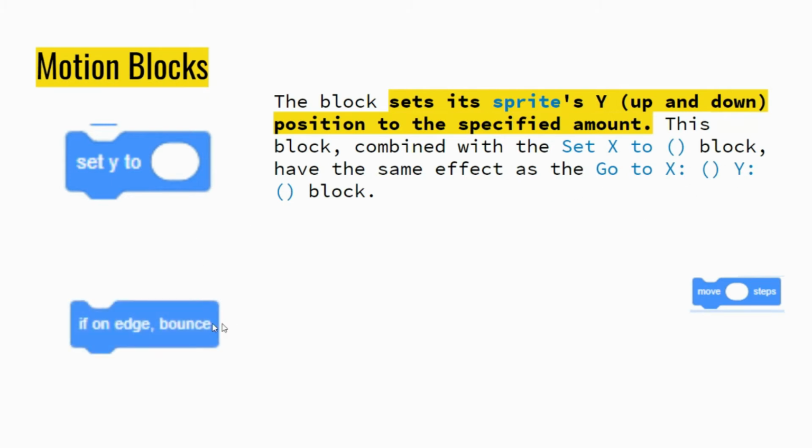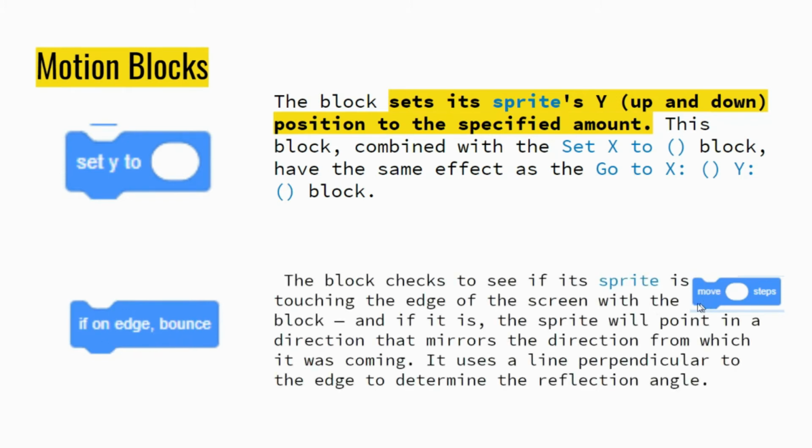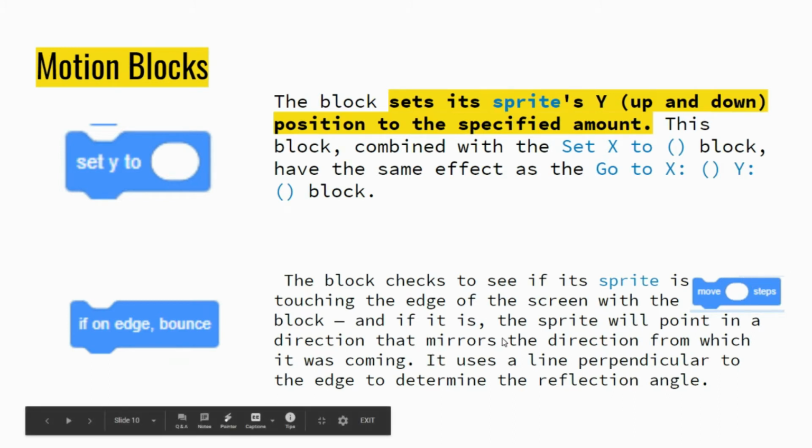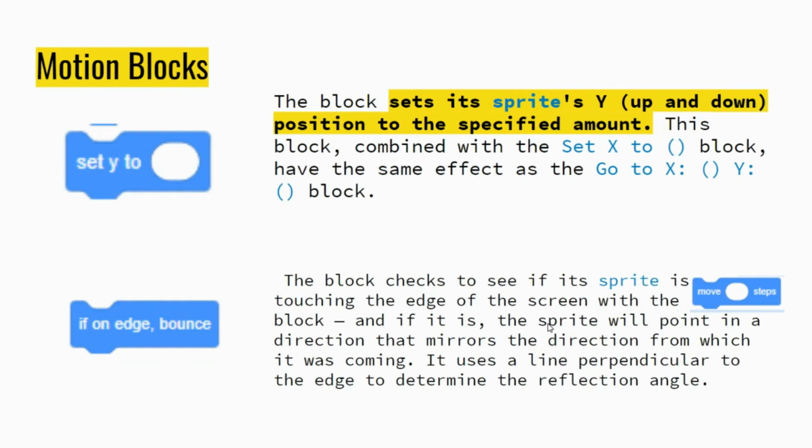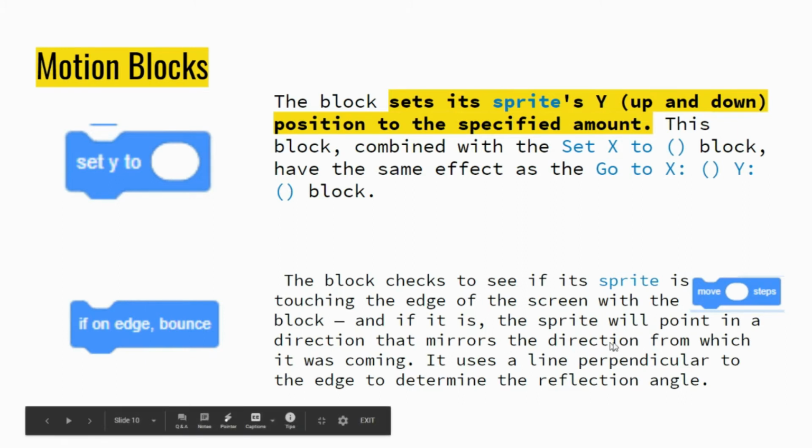Okay, next is if on edge, bounce. This block checks to see if the sprite is touching the edge of the screen with the move steps block. If it is touching the edge of the screen, the sprite will point in a direction that mirrors the direction from which it was coming.